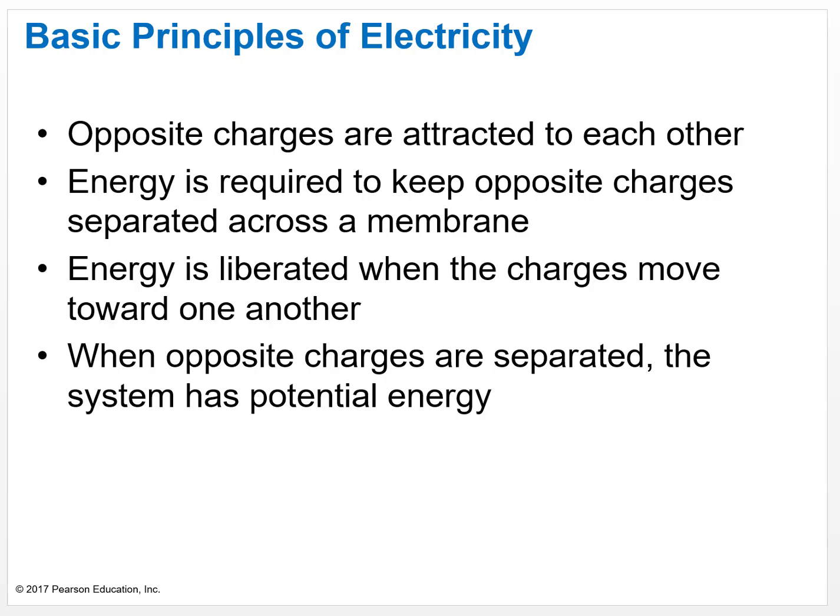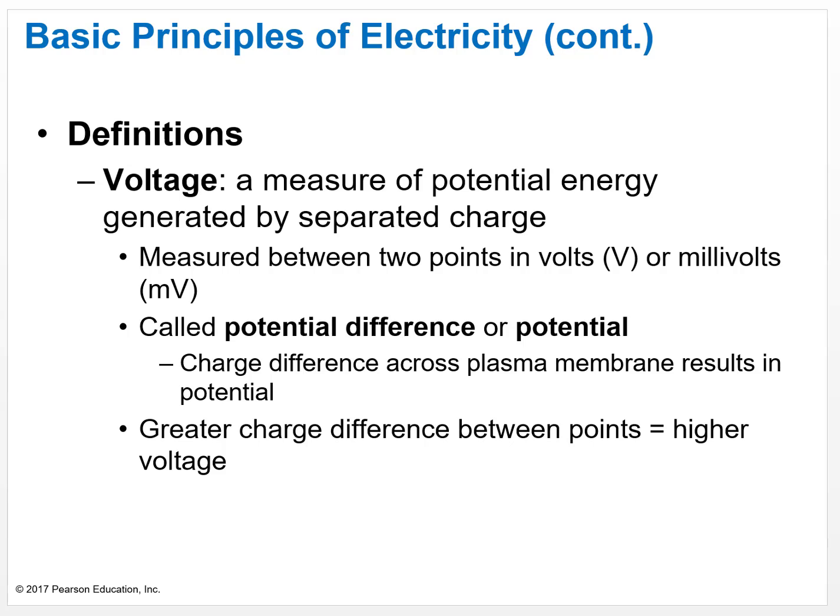So a few definitions on electricity. All right, I'm sure you've heard these terms before. Voltage. All right, voltage is a measure of the potential energy generated by separated charges. And in your house, you have your 110 volts, you have your 220 volts if we're running the dryer. For our cells, they aren't that powerful, right?